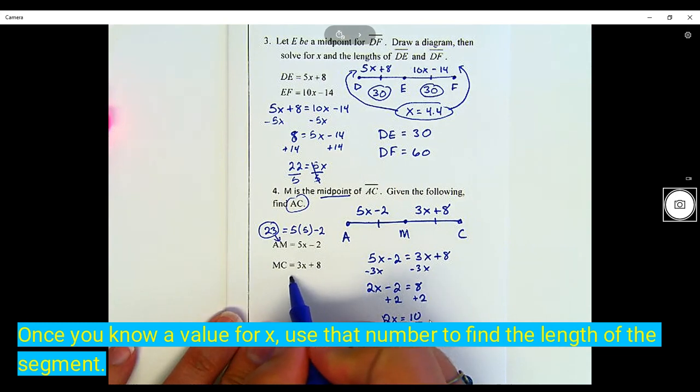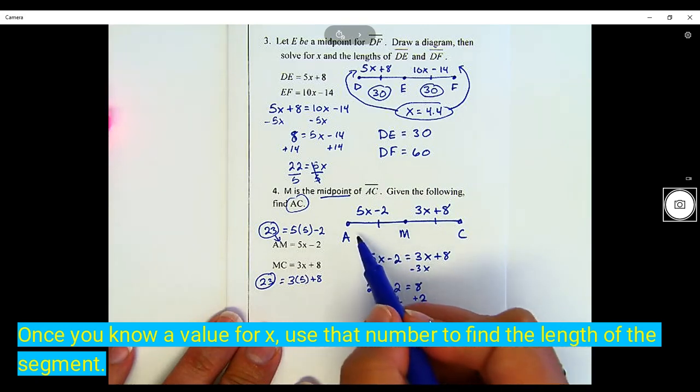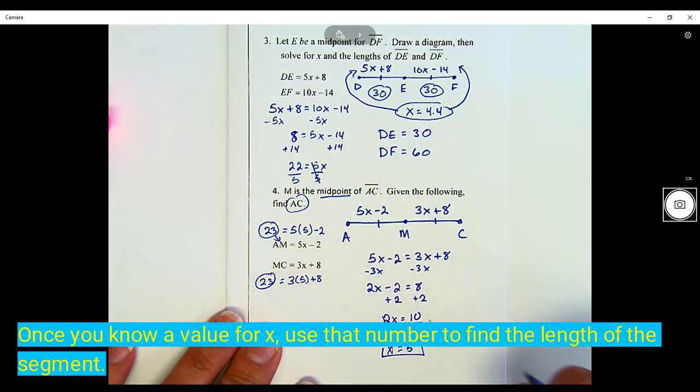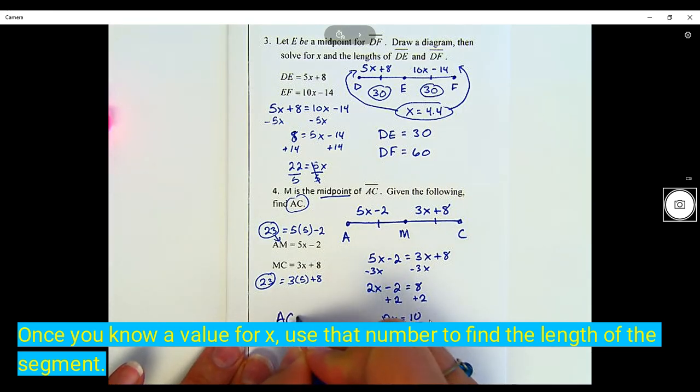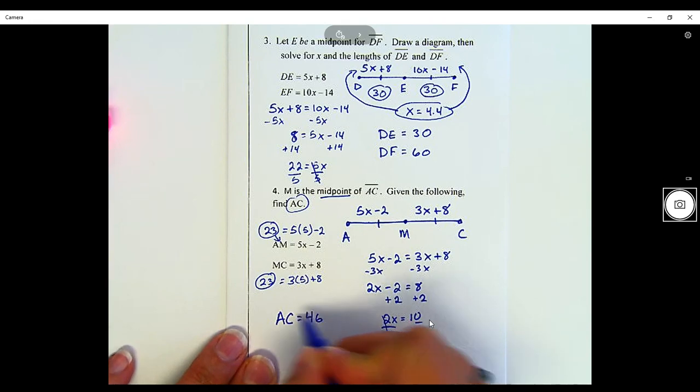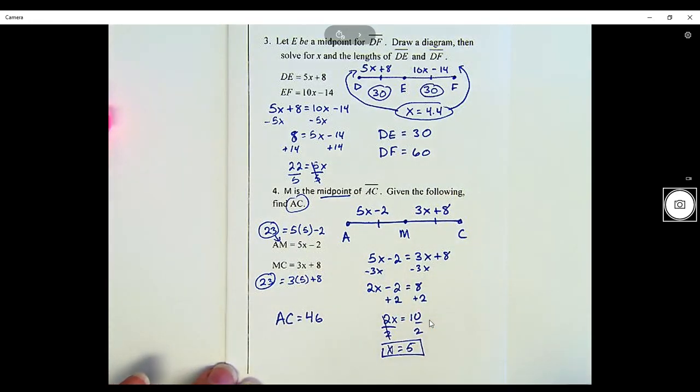And then here, 3 times 5 plus 8. 3 times 5 is 15 plus 8. Oh, that is also 23. And that makes sense because we should have two congruent lengths. So to figure out what AC is, we're going to add 23 plus 23 and get 46. All right, time to do those practice problems.